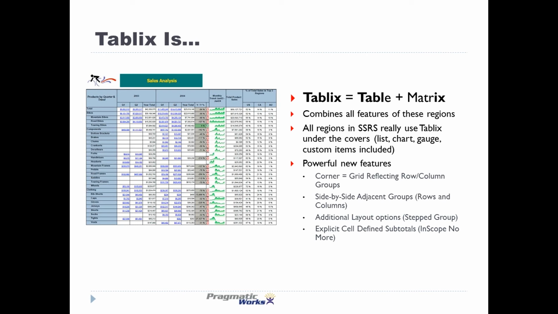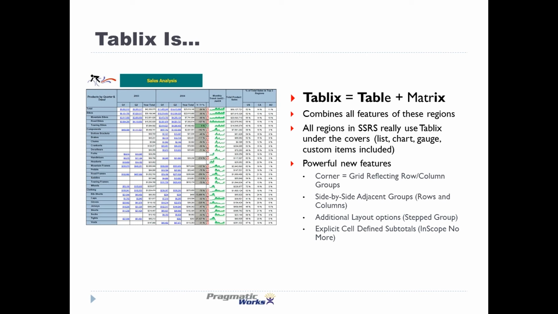What's interesting to note is in Reporting Services, under the covers, all the data regions that are available, list, chart, gauge, even custom ones if you create them, are all manifested in the engine of Reporting Services as Tablix. And as a result of this, we also get powerful new features. In the top corner, we get a grid that does reflect our rows and columns, and we get side-by-side adjacent groups, which we'll talk to momentarily and see how useful and powerful that is.